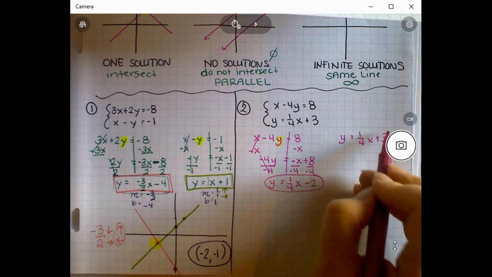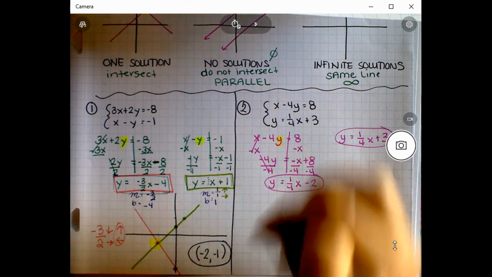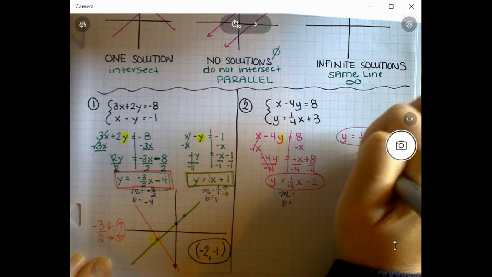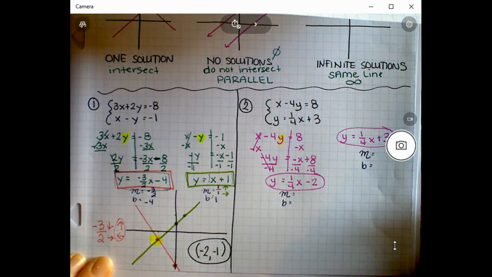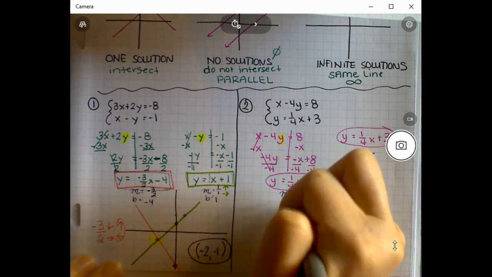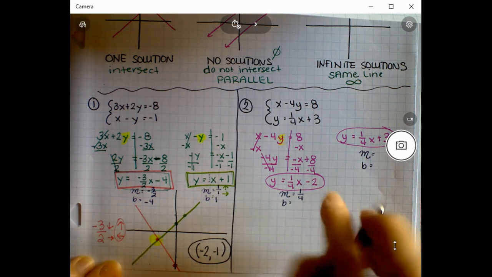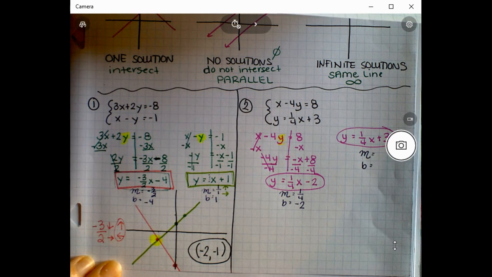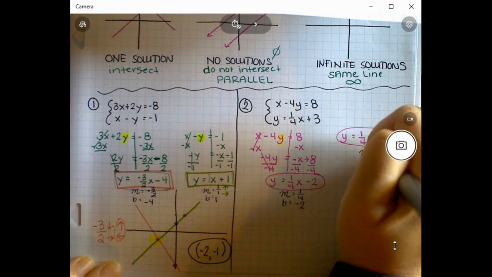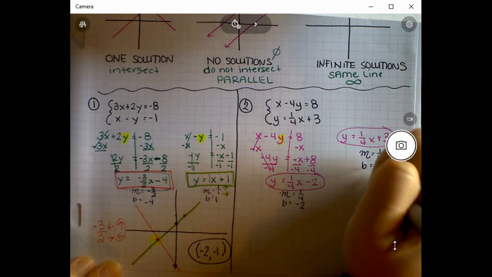This one was already solved for y. And so now we're going to take a moment to pull out the slope and the y-intercept just as review. All right, remember the slope is the number that multiplies by the x. So the slope of this one is 1/4. The y-intercept is the constant. So this one, the y-intercept is -2. Up here, the slope is +1/4. And the y-intercept is 3.